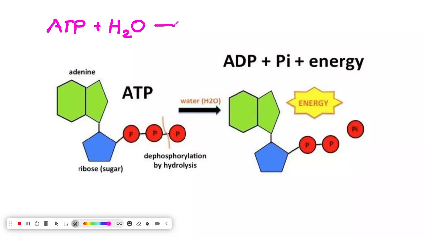It will yield, right there's the yield symbol, ADP, adenosine diphosphate, plus an inorganic phosphate molecule, Pi, plus energy. And this energy, by the way, is used immediately.